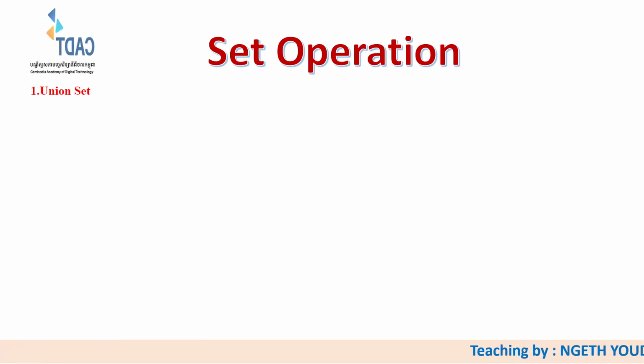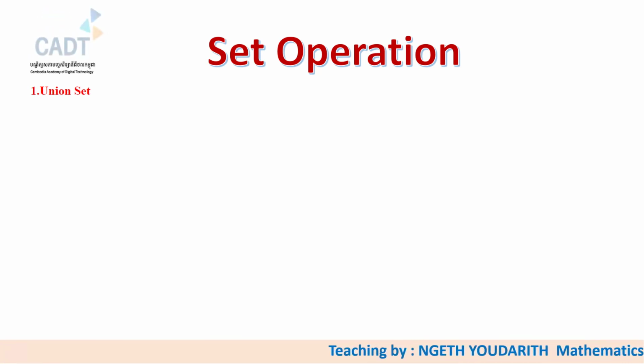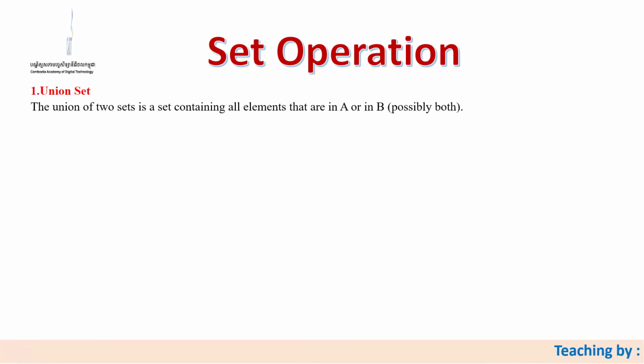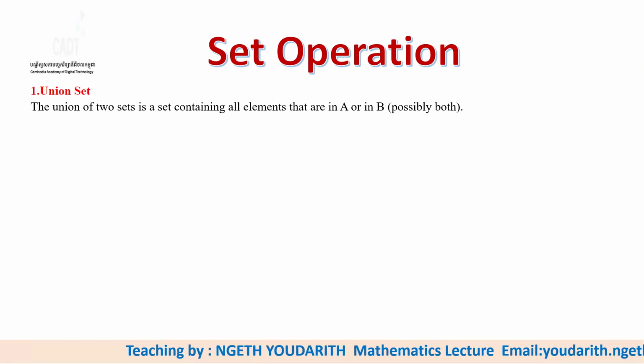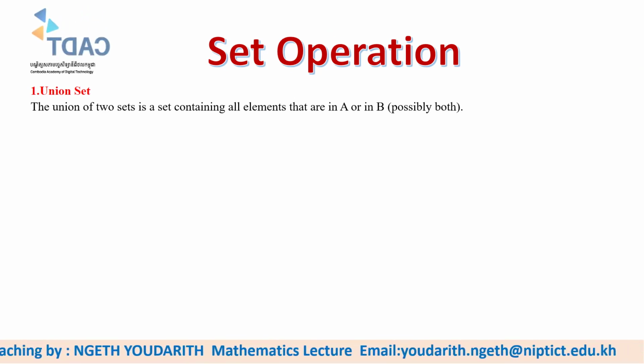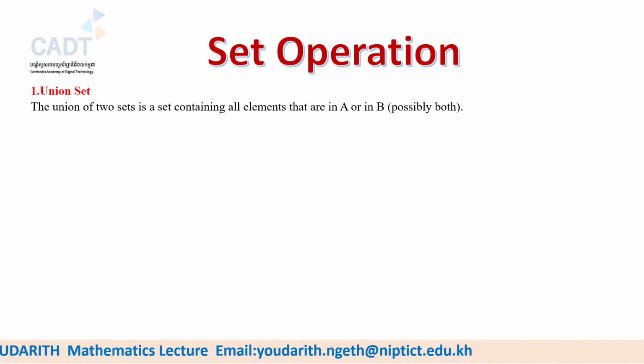But now we go to point 1 and talk about the union of sets. The union of two sets is a set containing all elements that are in A or in B, possibly both.